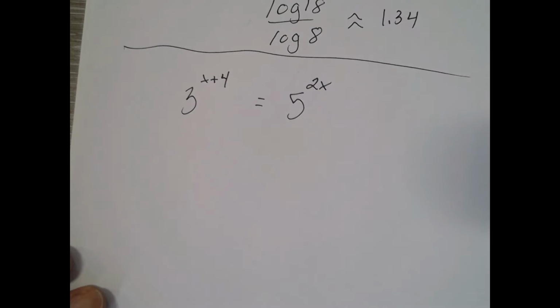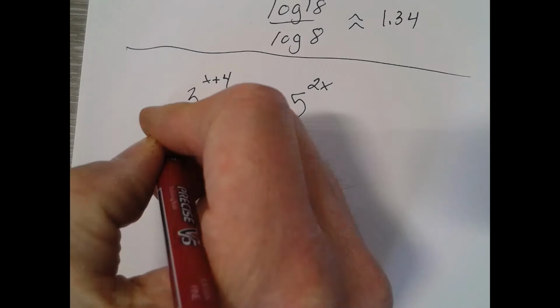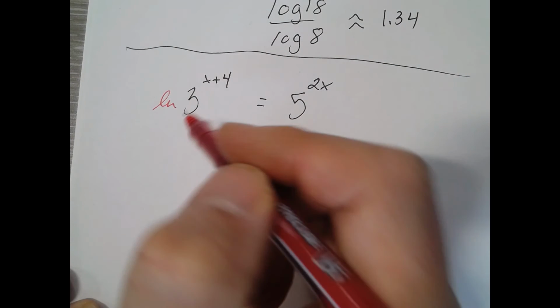Okay, so I can't write 3 with a base of 5 very easily. You can't write 5 with a base of 3 very easily. But we have to undo them, so we're going to do a log, and it doesn't matter what log we use. We can use the common log, we could do log base 12 if we wanted to, or natural log. I prefer natural log just because I can write it in cursive, and it's only 2 letters.